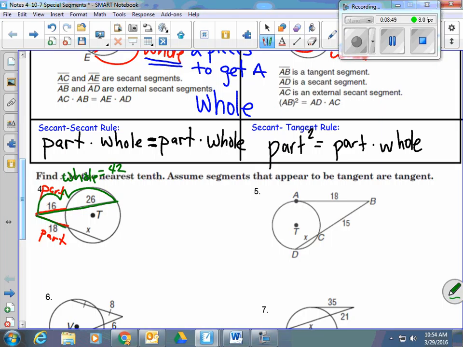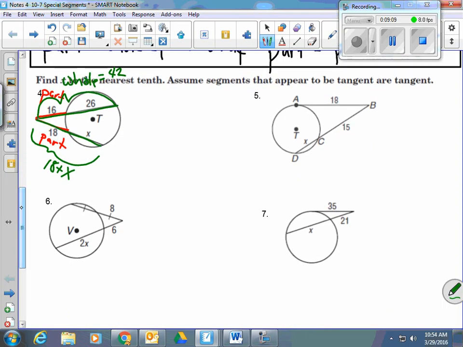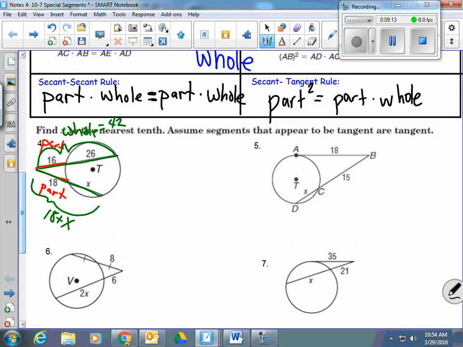And then what do I do to get this whole? Add what? The part, which is 18, plus this piece, and we're adding them, right? So this is 18 plus x. Everybody okay there? Okay, and my formula is what? Part times whole equals part times whole.